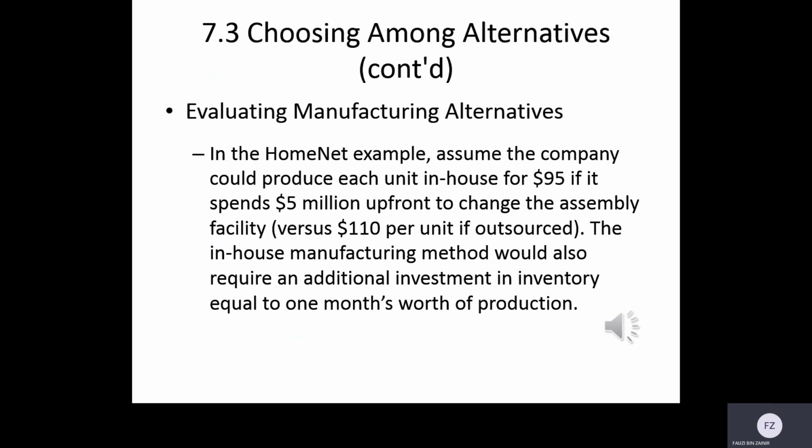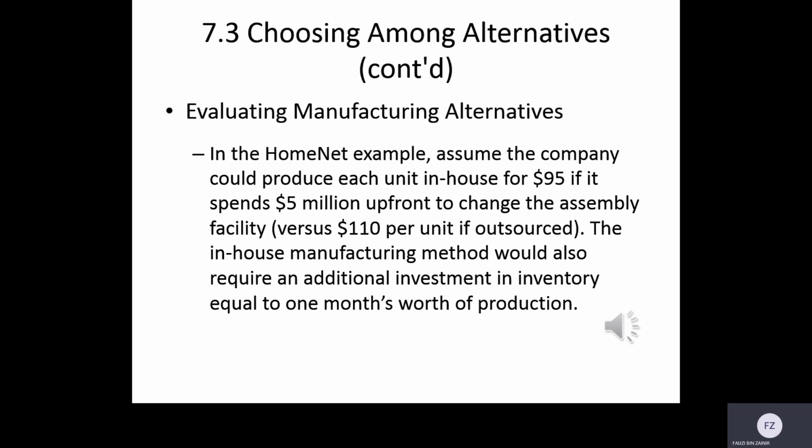In the HomeNet example, assume the company could produce each unit in-house for $95 if it spends $5 million upfront to change the assembly facility, versus $110 per unit if outsourced. The in-house manufacturing method would also require an additional investment in inventory equal to 1 month's worth of production. So originally it cost $110 for outsourcing.